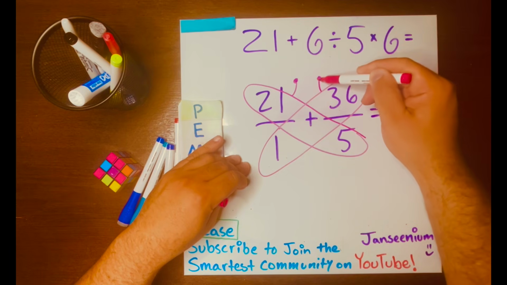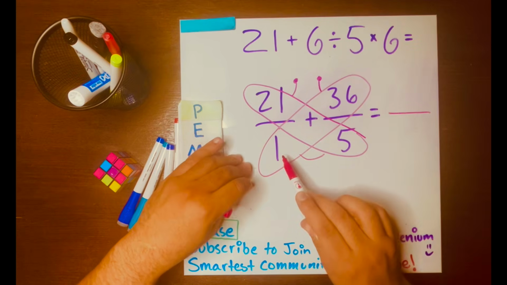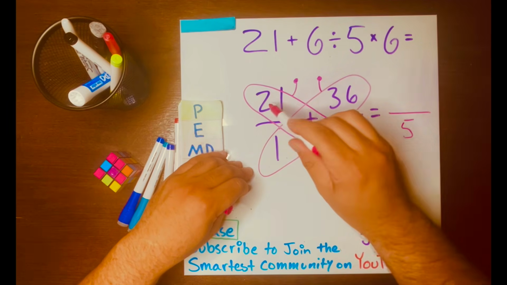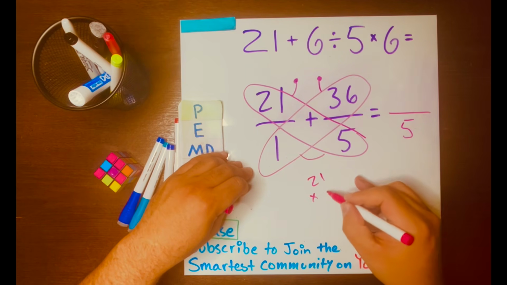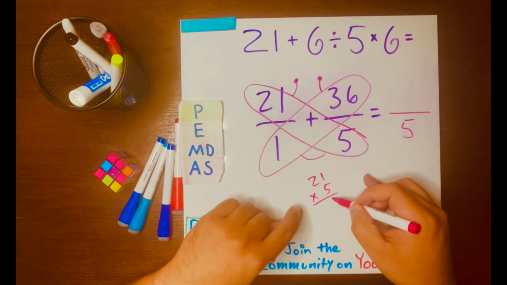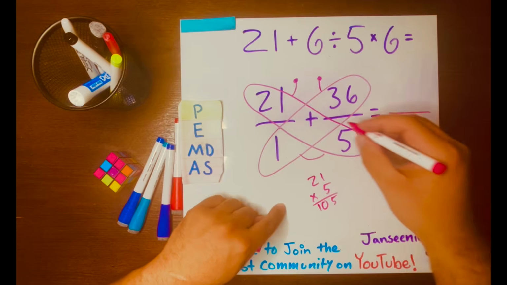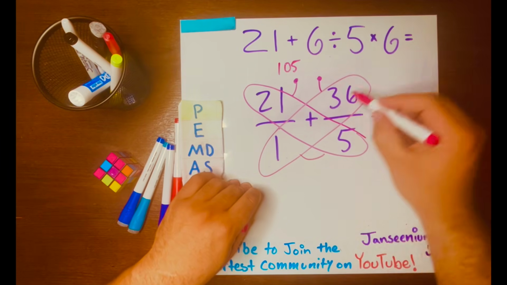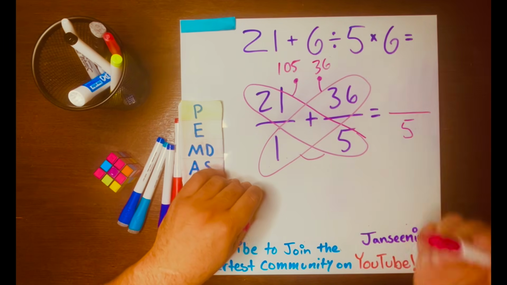So here are the antennas and here's the body, which gives you the denominator. 1 times 5 is 5. Next, I multiply 21 times 5, so that's 5, 5 times 2 is 10, so that's 105. Next, I multiply 1 times 36, that's easy, 36.